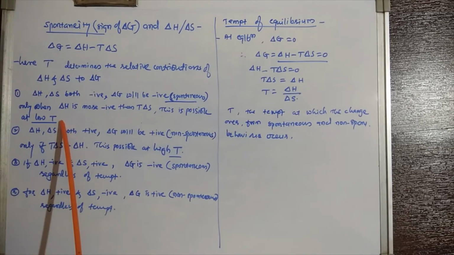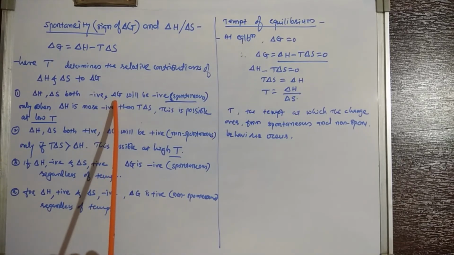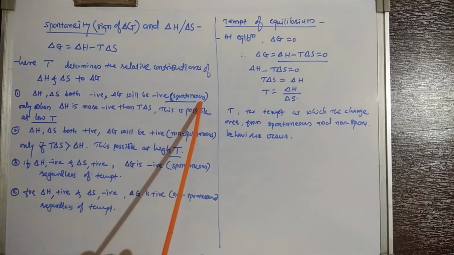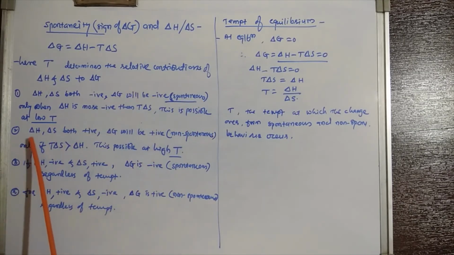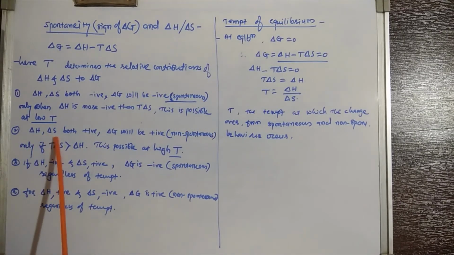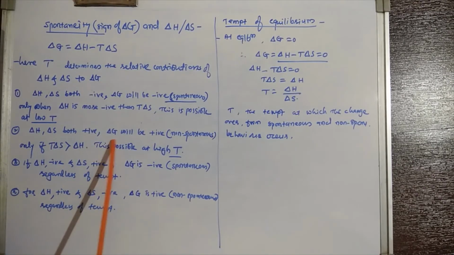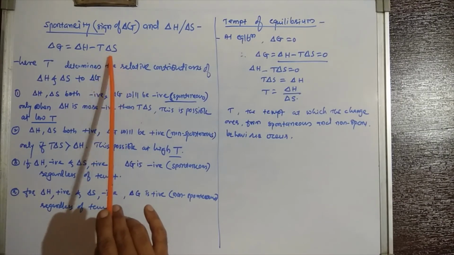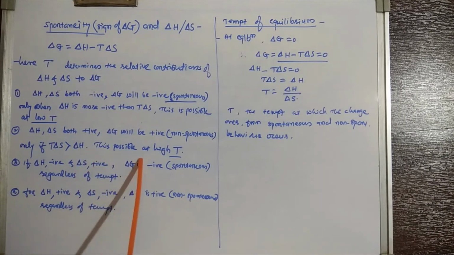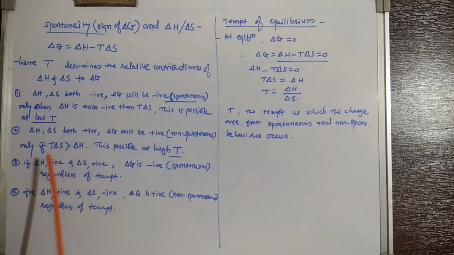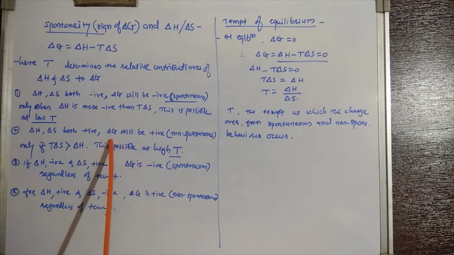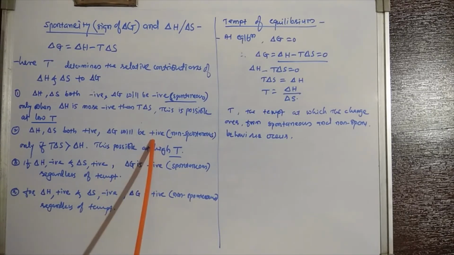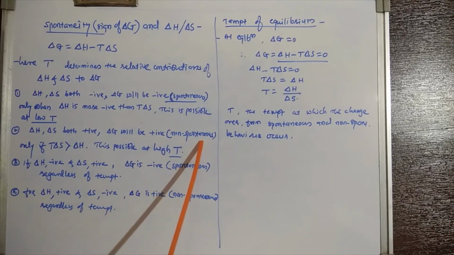So if delta H and delta S are both negative, ultimately delta G will be negative, possible only when delta H is more negative than T delta S, at low temperature, and being delta G negative, the process is spontaneous. Secondly, if delta H and delta S are both positive, delta G will be positive only if T delta S is greater than delta H. This is possible at high temperature, and being delta G positive, the process is categorized as non-spontaneous.